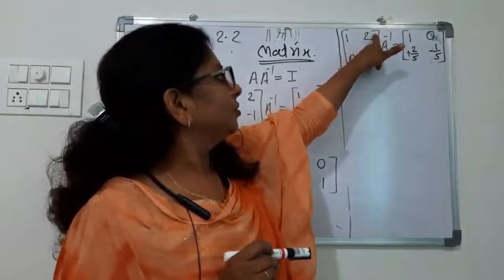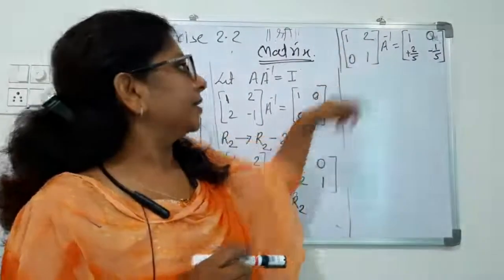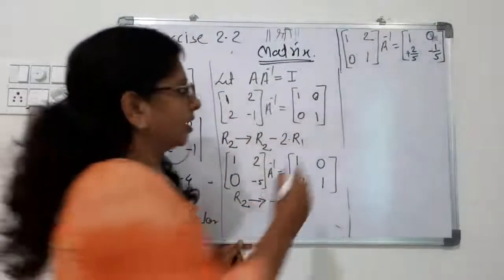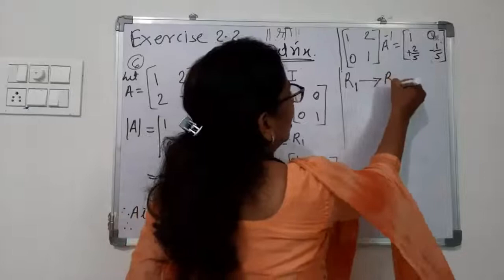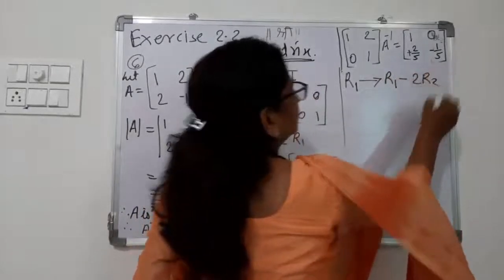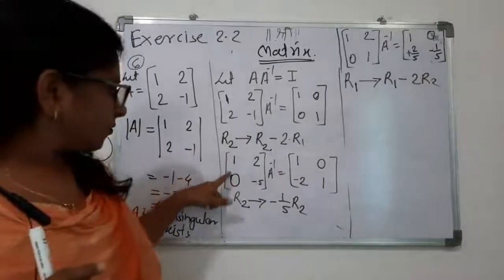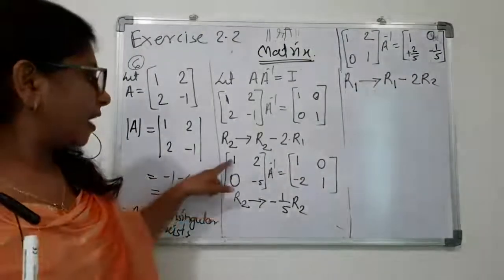Okay. Now lastly, to make this matrix identity, we want only 0 here. Only if 0 is there, then this matrix will be an identity matrix. So we will bring 0 here using R2, means R1 changes to R1 minus 2R2. To make the first column identity, we have to use R1.